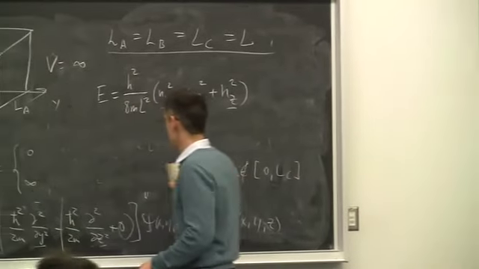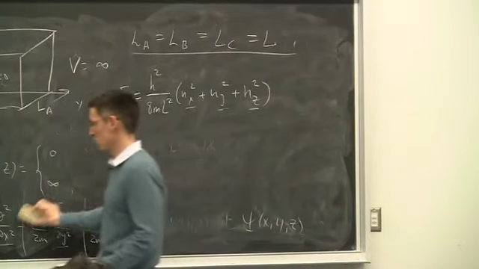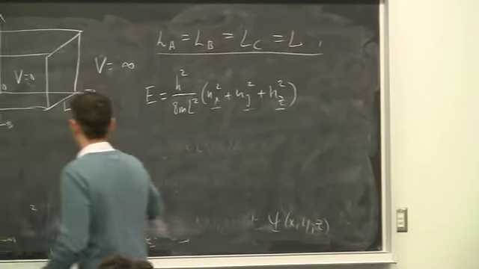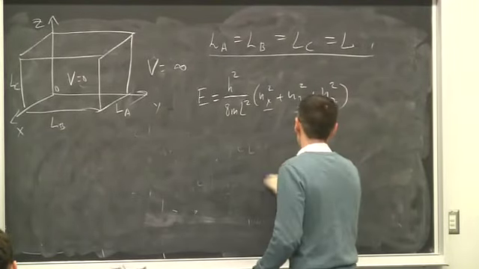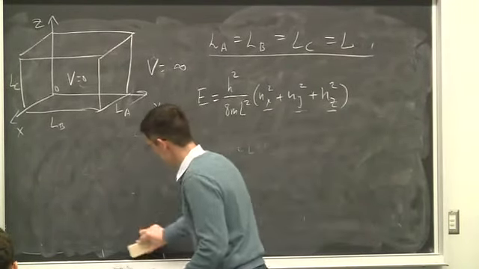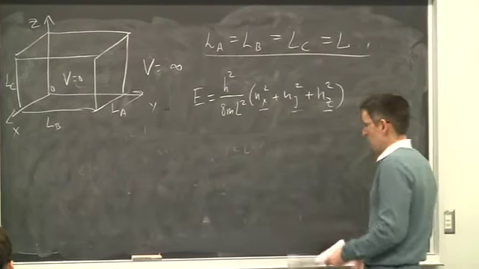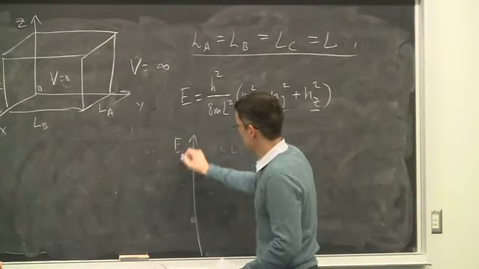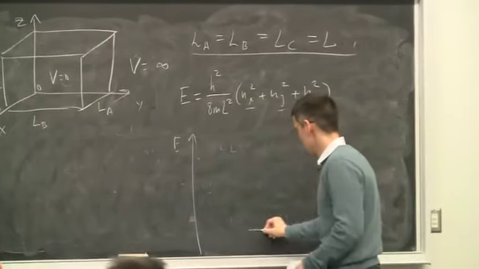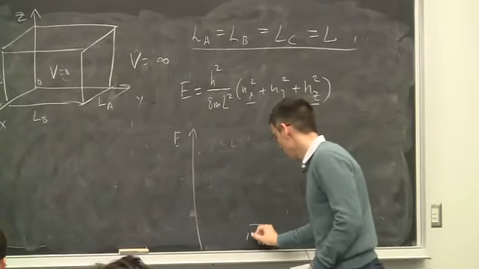Because we have a coordinate system with axes x, y, and z, and you see that although energy levels can be so-called degenerate, what do I mean by that? Let's say if we plot the energy, the first level will correspond to nx, ny, and nz all 1, 1, 1.